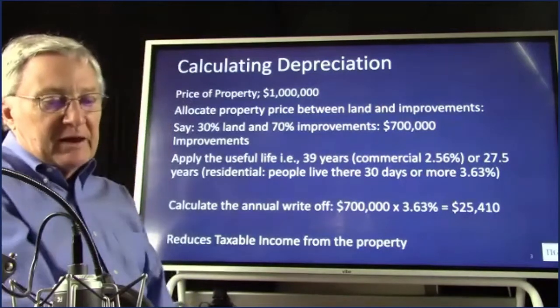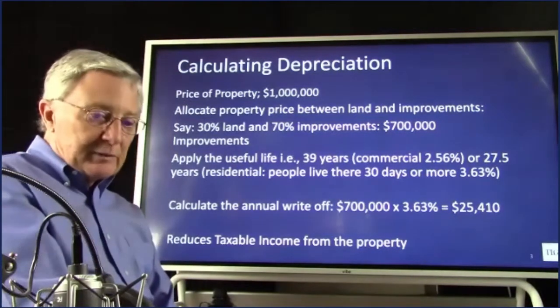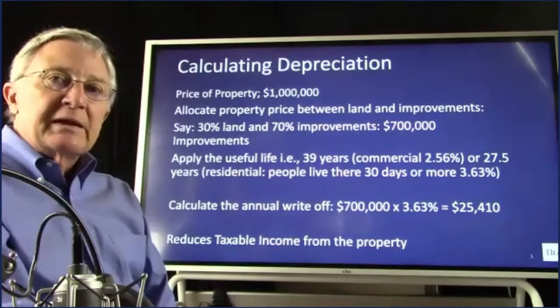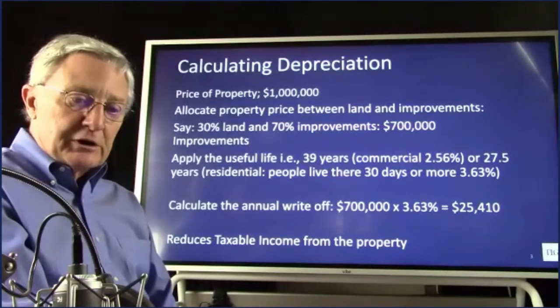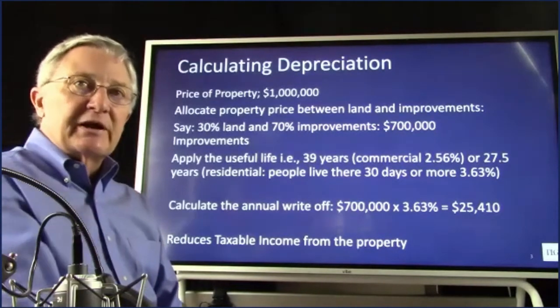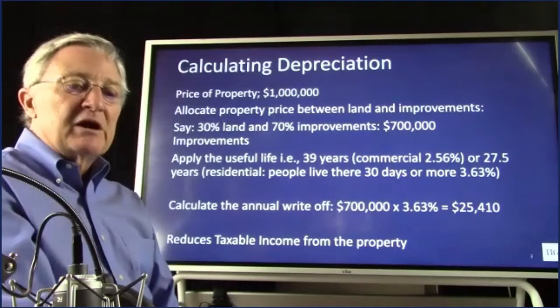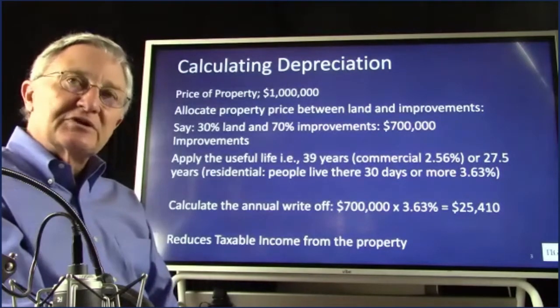And that would be 27 and a half years. So in a straight line approach, 27 and a half years gives you 3.63% per year. So if you took that percentage over 27 and a half years, every single time, you would end up with a fully depreciated piece of real estate.